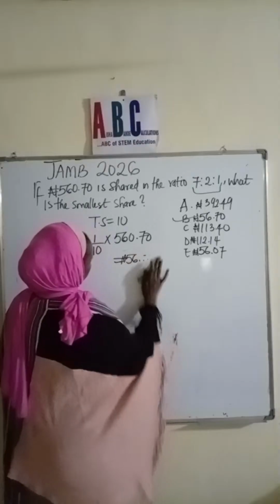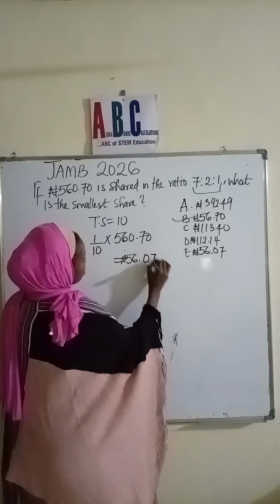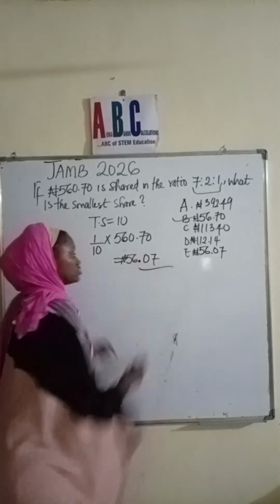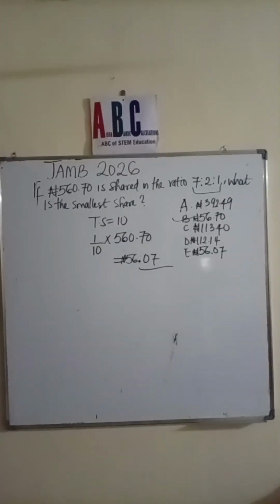Divided by 10. 56.07. Oh, thank you. 56.07. Thank you. It's overconfidence that is worrying me. Thank you so much. Who is that? Abdul Wasil. Thank you.